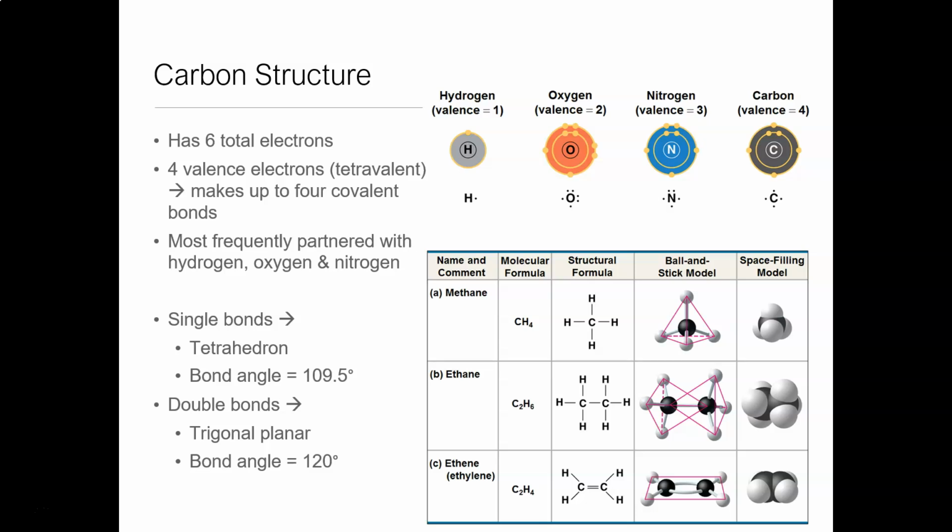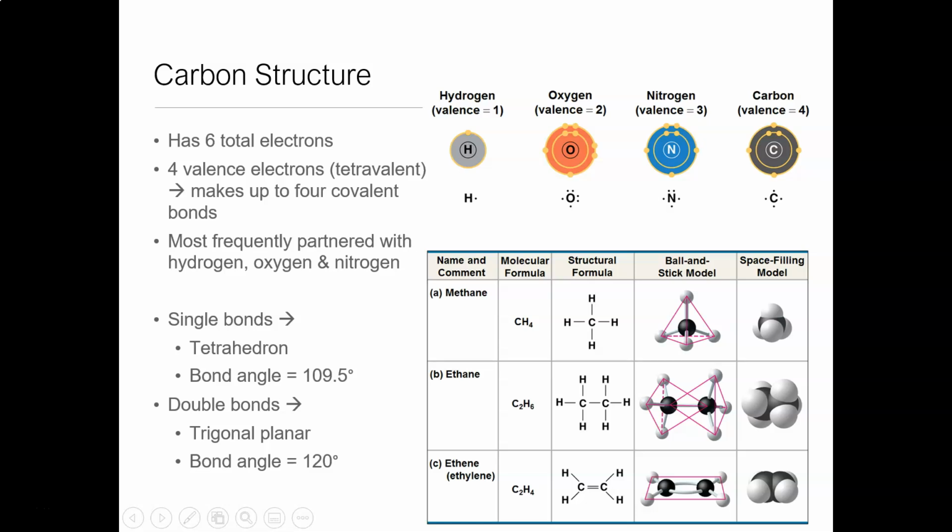So if we're talking carbon-based chemistry, then we probably should have a basic understanding of the structure of what carbon looks like. So when we look at carbon in terms of doing some sort of Lewis dot structure or electron diagram, we look here.